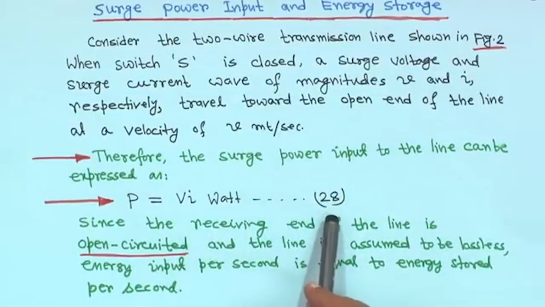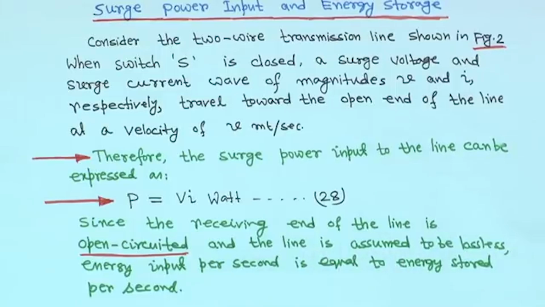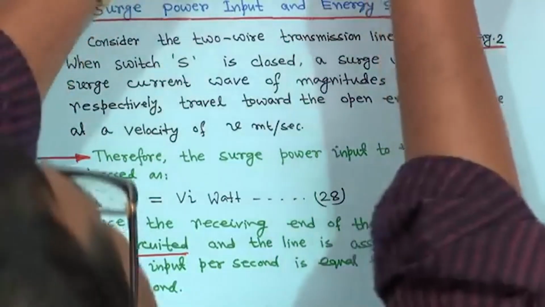This is equation 28. Now, since the receiving end of the line is open circuited, and we have assumed the line is lossless, the energy input per second is equal to the energy stored per second. As the line is lossless, whatever input is going in will be energy stored per second.